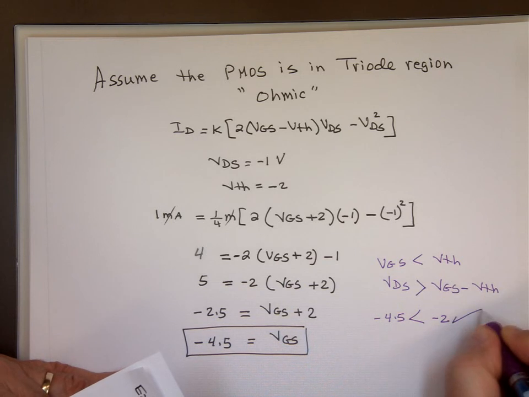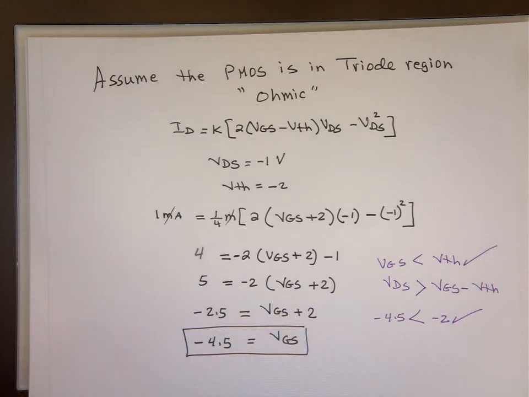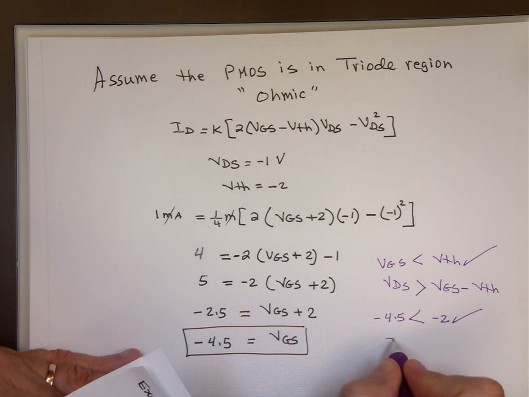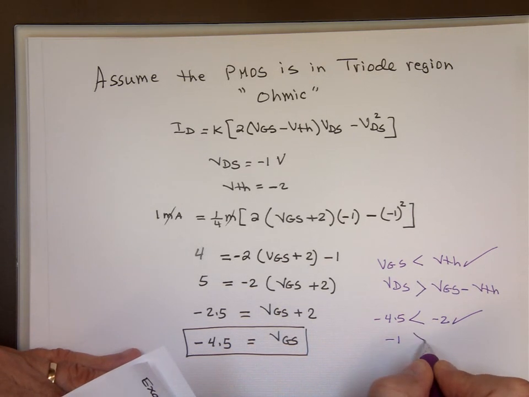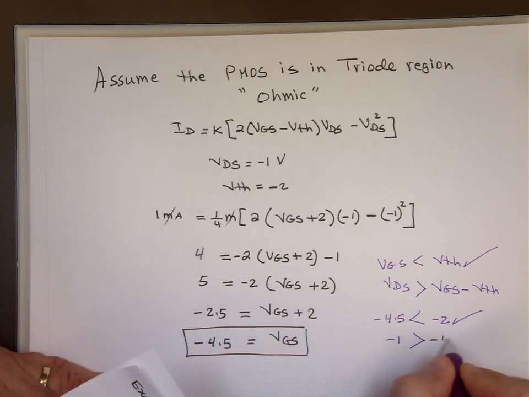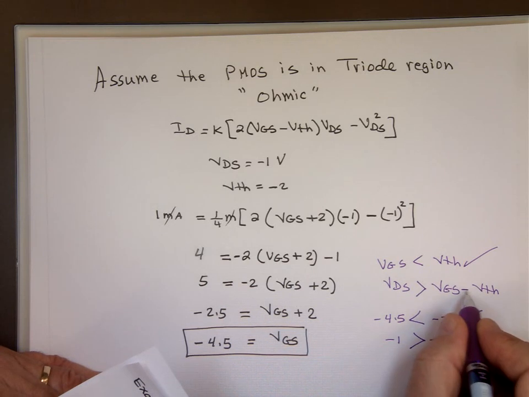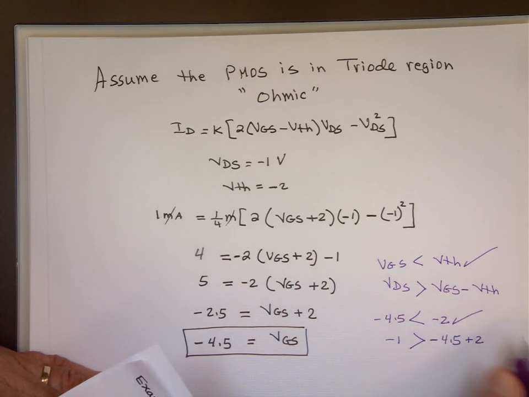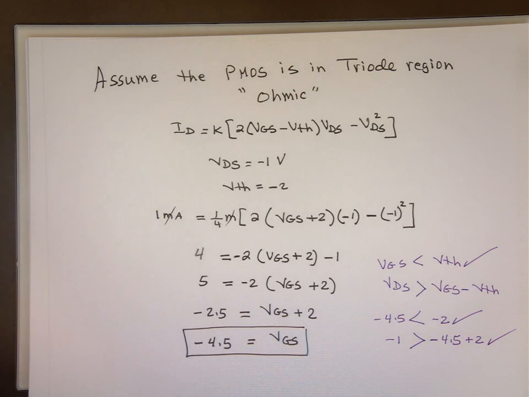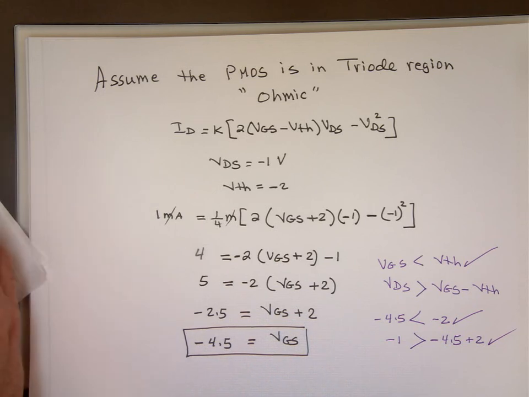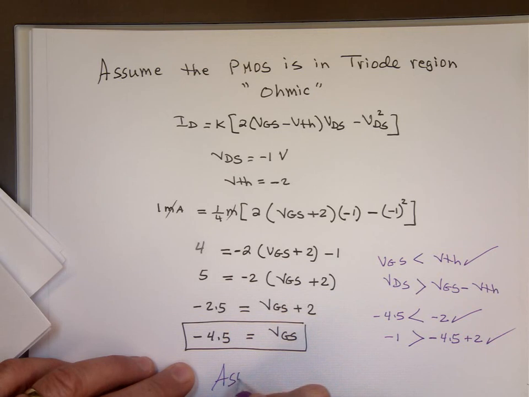Yes, so we satisfied that. VDS, which is negative 1, is that greater than VGS, which is negative 4.5, minus a negative 2, plus 2? Yes, we satisfied both conditions. That means my assumption to be in ohmic is the correct assumption. So my assumption was correct, and here are my answers.